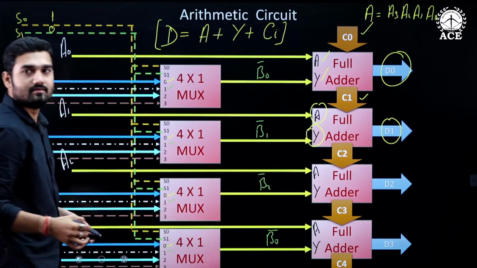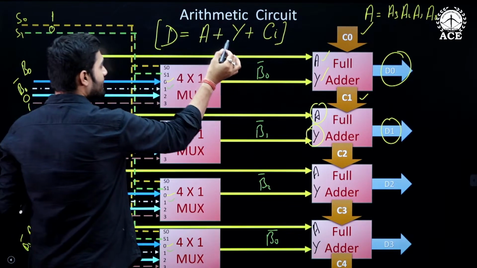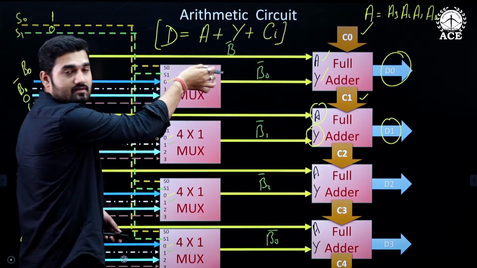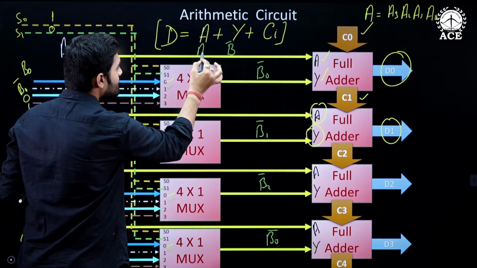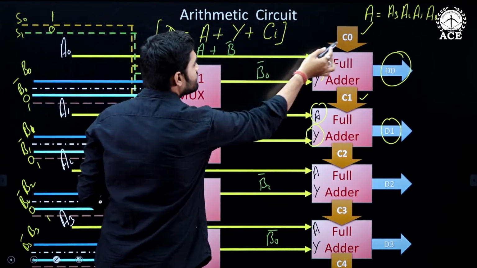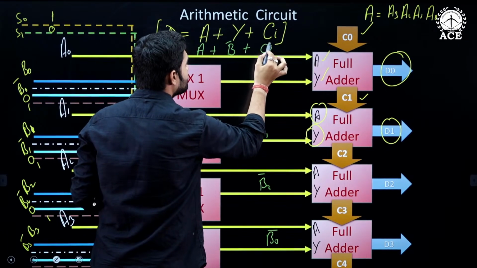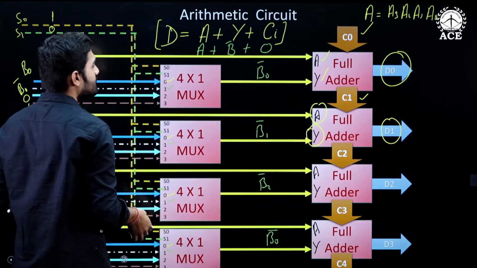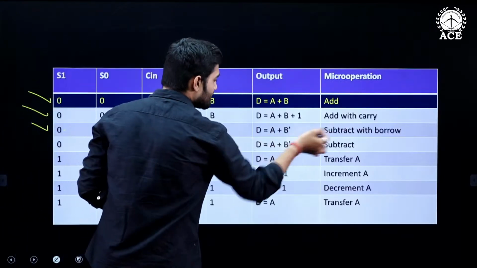So in general Y is B complement. This is A only. And what have I provided in place of Cin? Let us say 0. This is subtraction with borrow.